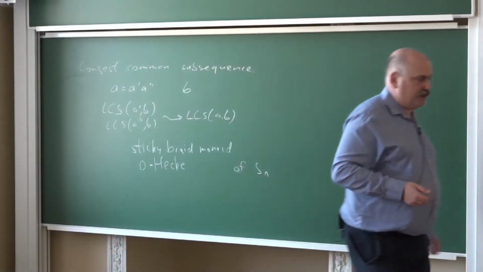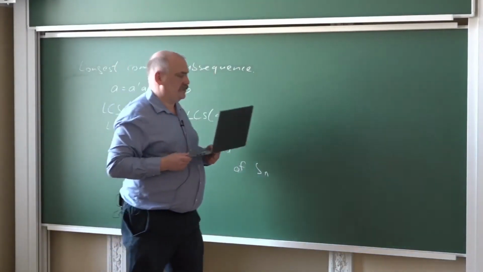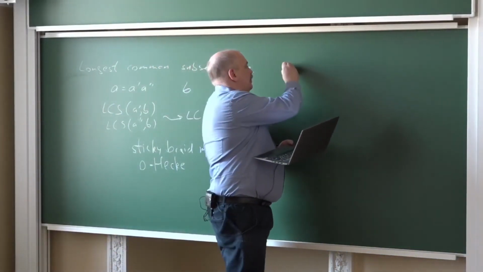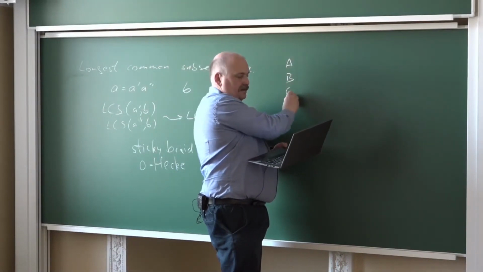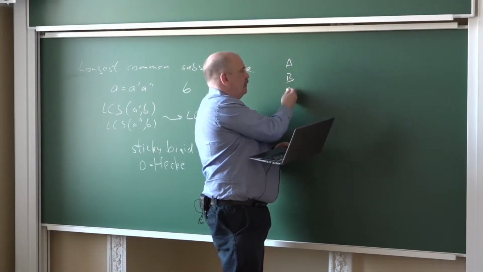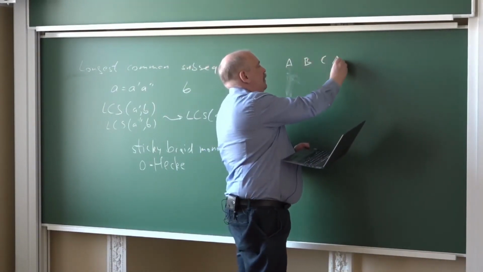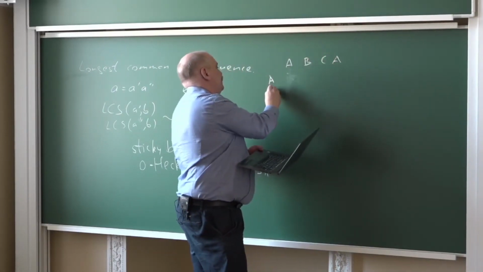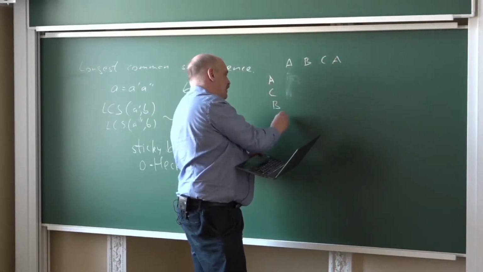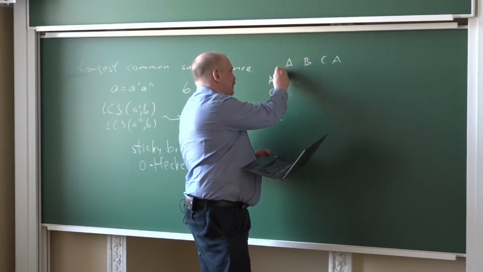So let me just draw a picture. Let's say one string is A, B, C, A, and the other is A, C, B, C. And here I'm using an alphabet of size 3, as you can see.